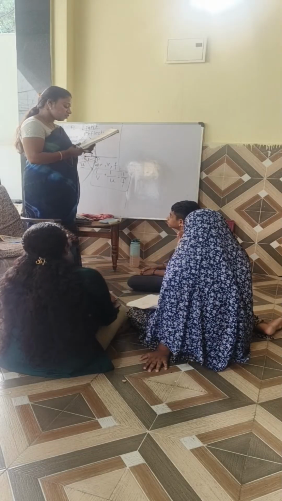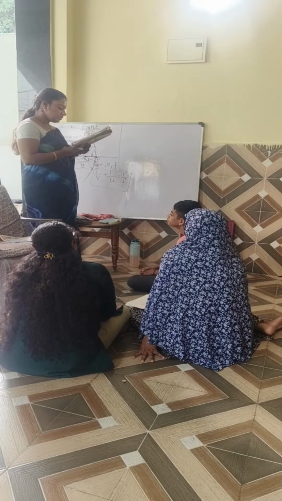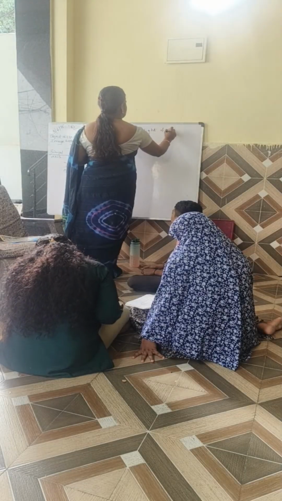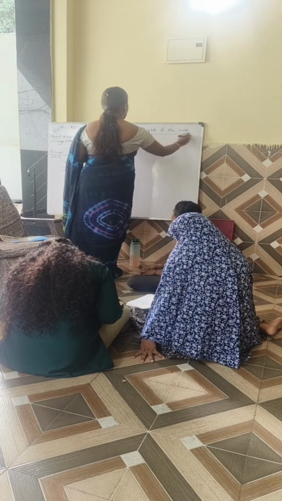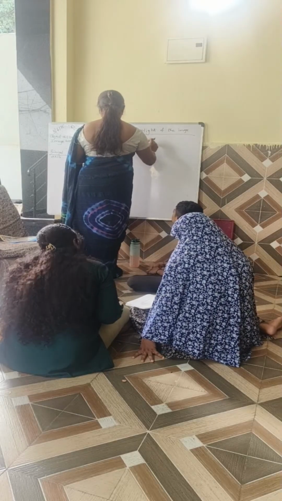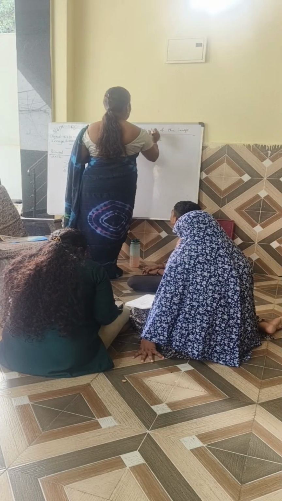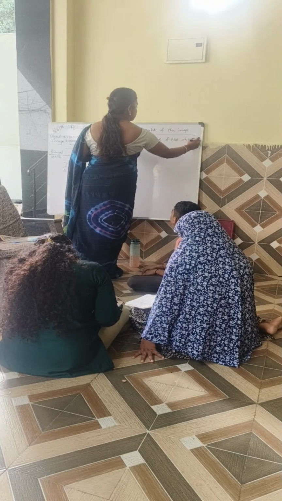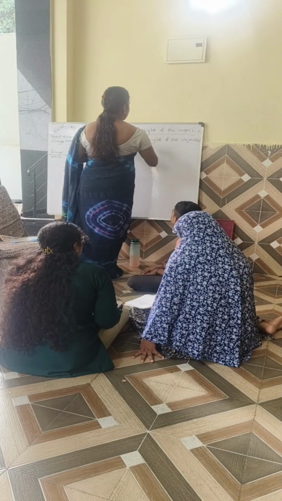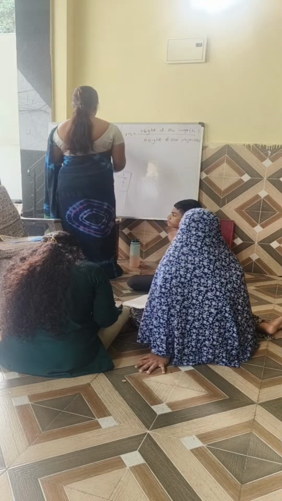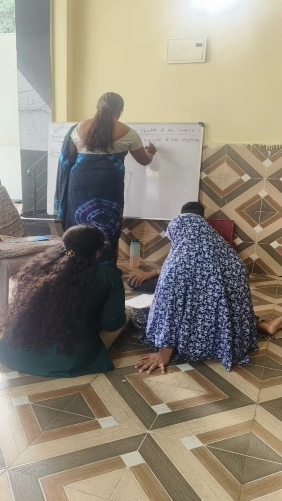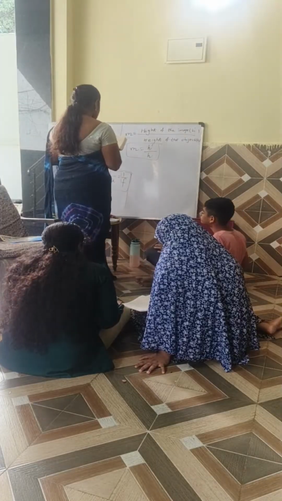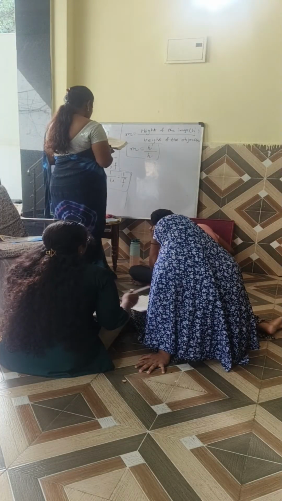It is expressed as the ratio of the height of the image to the height of the object. Height is denoted by h, and magnification is denoted by small m. Then m equals h dash by h. This is the magnification formula.